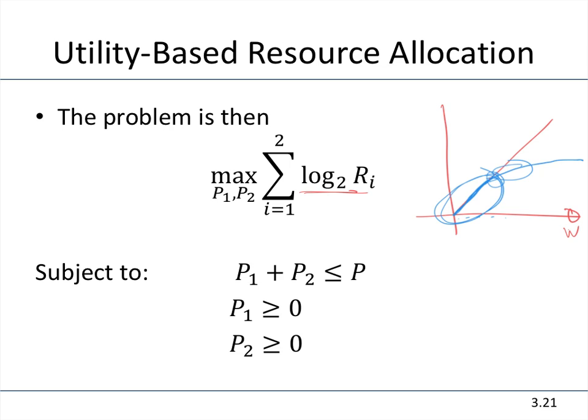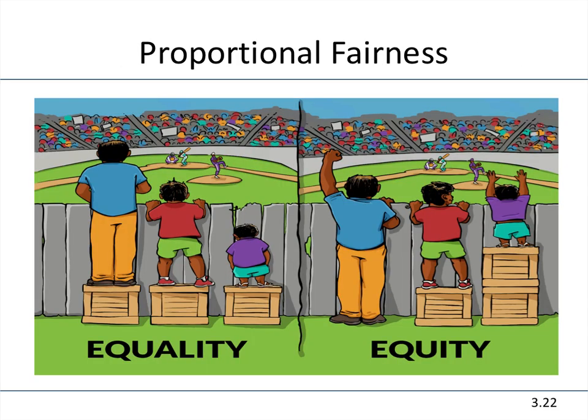So this is what we call utility-based resource allocation, and that achieves some kind of proportional fairness. So this is similar to this example. This is a very famous example on social media. You see this picture a lot. Okay. So it's not really about this. It's not about giving people equal resources. This is what we call equality, right?